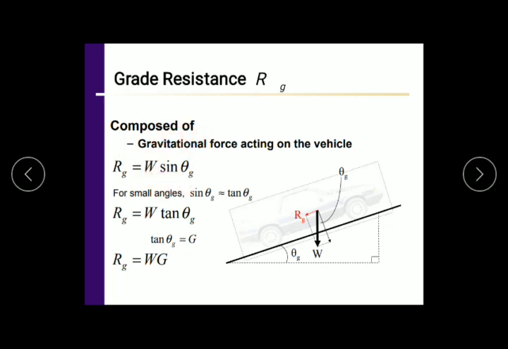For small angles, sin theta is equal to tan theta, so Rg is W tan theta g. If you replace tan theta g by g, the grading resistance will be Rg equal to W into g.